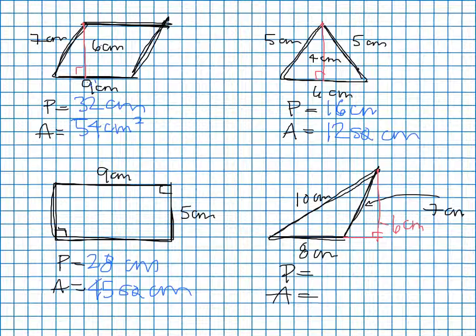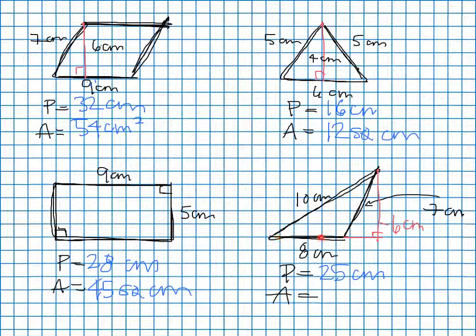Our final one is this triangle here, and again, perimeter is just as we walk around, so we're going to have 10 plus 7, because that's right here, for 17, plus 8, that will hopefully get everyone 25 centimeters. And then when we look at our area, remember area is 1/2 base times height.